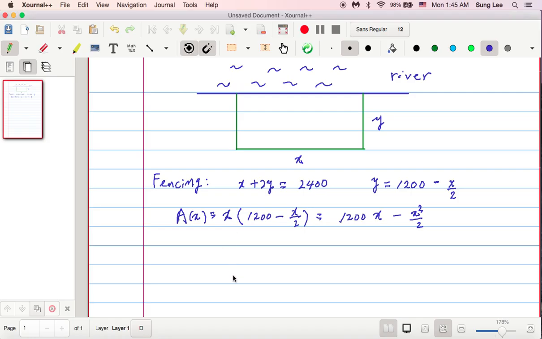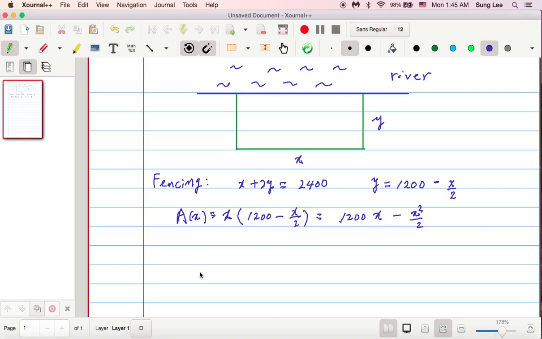What we have to find out is the dimensions, the x value and y value, length and width, that give rise to the largest possible value of the area.